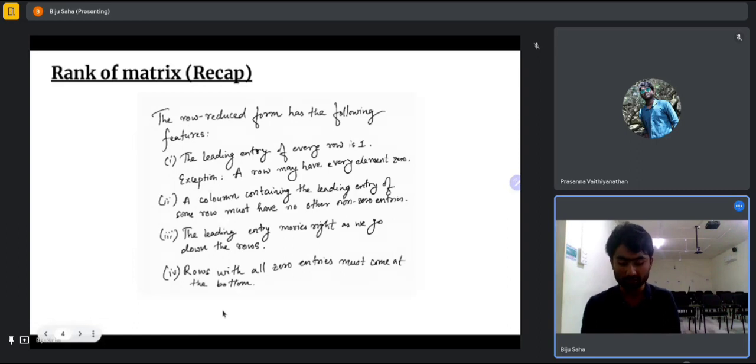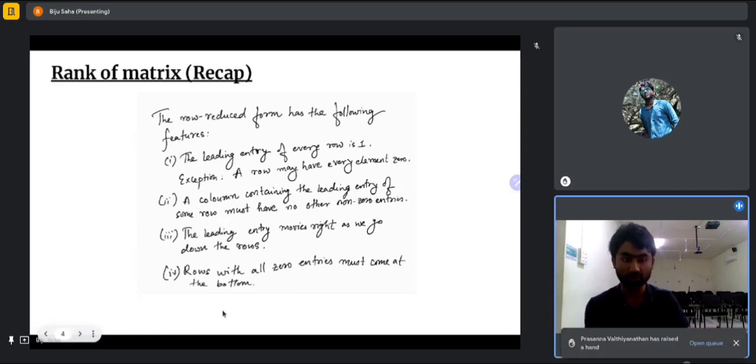The concept I am going to present at the very beginning is the rank of a matrix, which I discussed in the previous week. If we are given a matrix, we have to reduce it into a form known as the row reduced form.